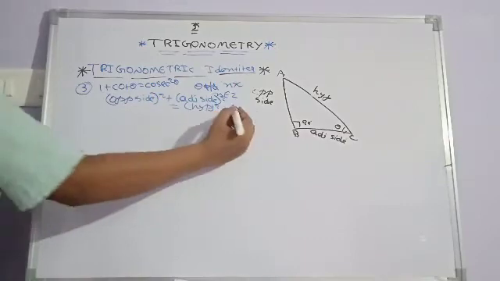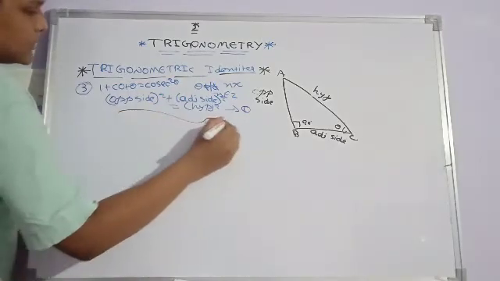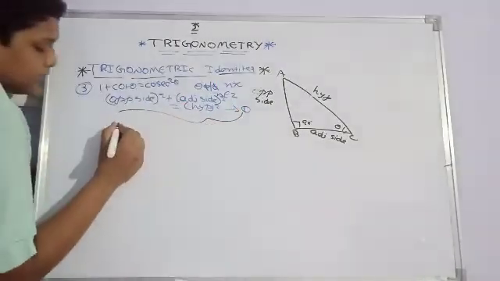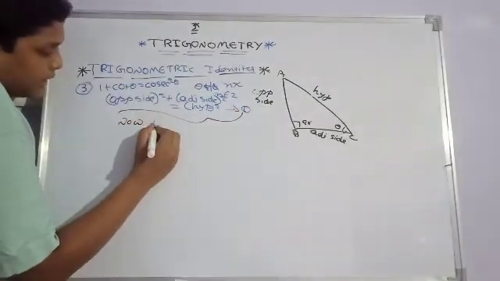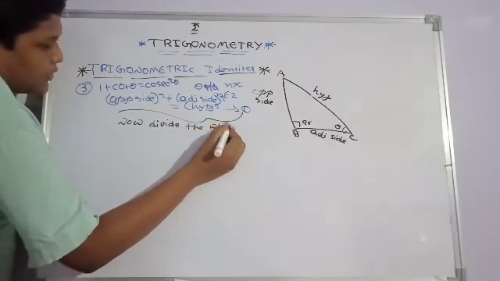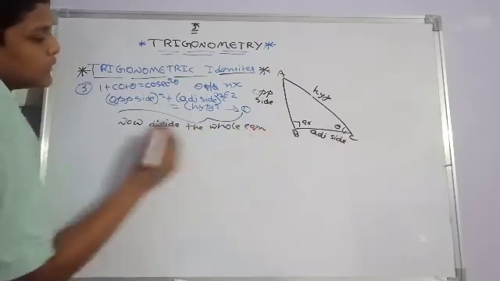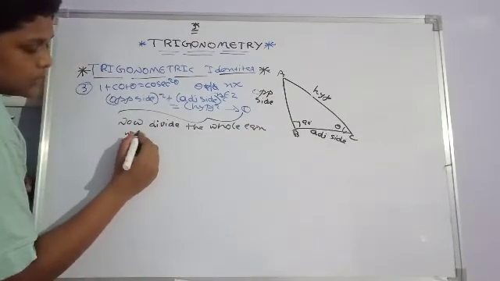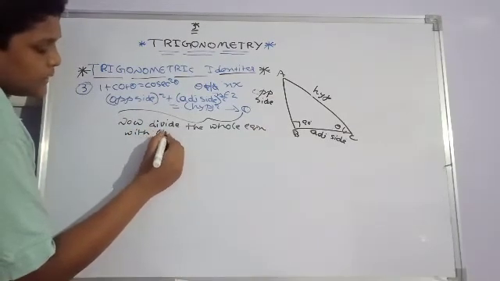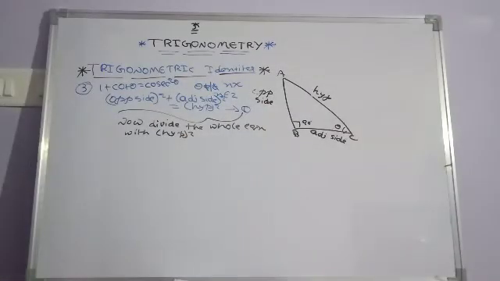Let us assume this equation as 1, and now we need to divide the whole equation with hypotenuse whole square.